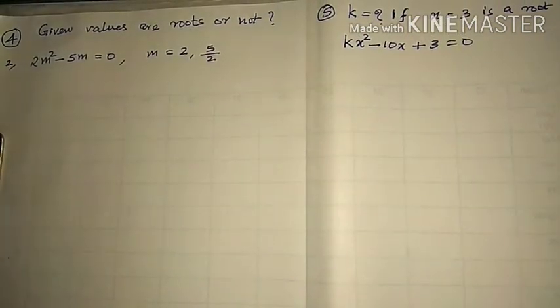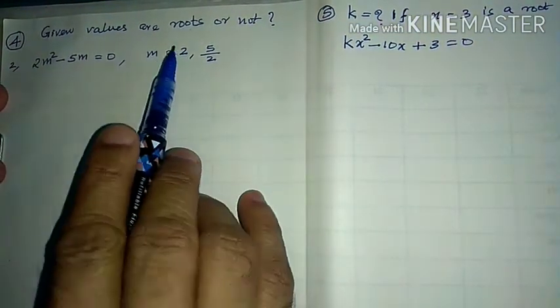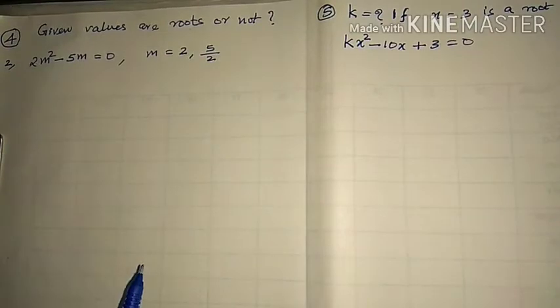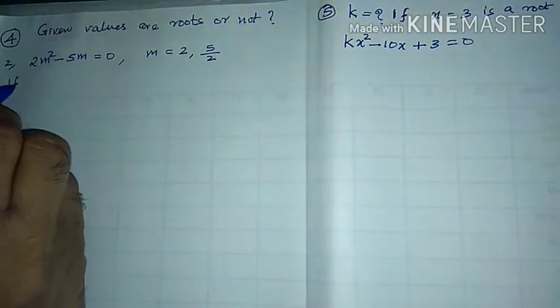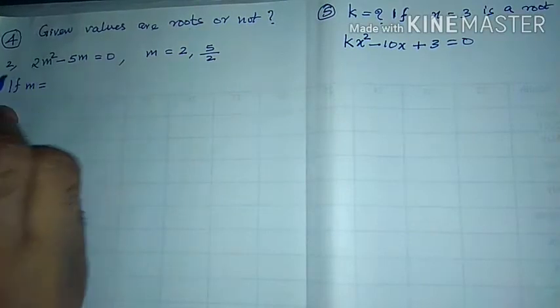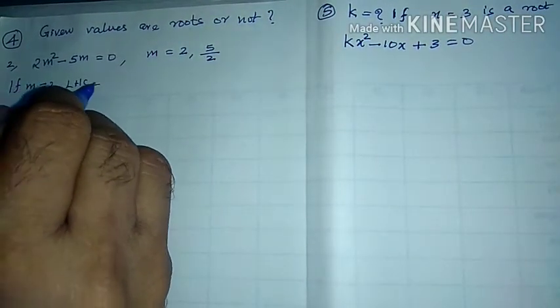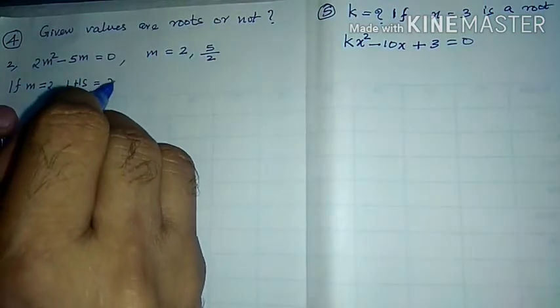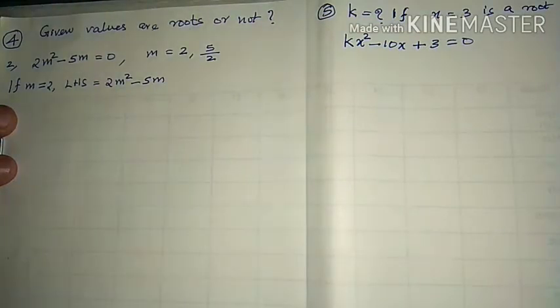Question number 4 says what? Check whether the given values against these equations are roots or not. Now we take m is 2. If m is equal to the first value, the left hand side of the given equation is 2m square minus 5m.